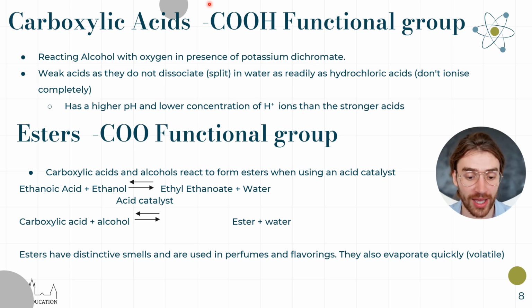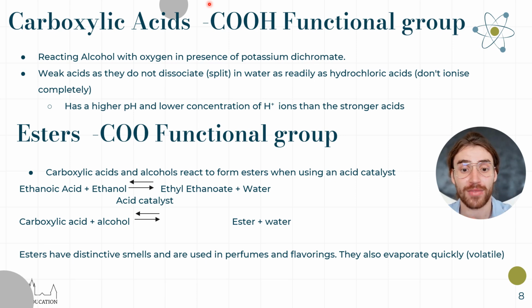Okay, so ethanoic acid plus ethanol in the presence of an acid catalyst is going to give us the ester ethyl ethanoate, meaning there are two carbons on each side. Remember that the ethyl part is referring to the carbons that replace the hydrogen at the end of the original carboxylic acid.